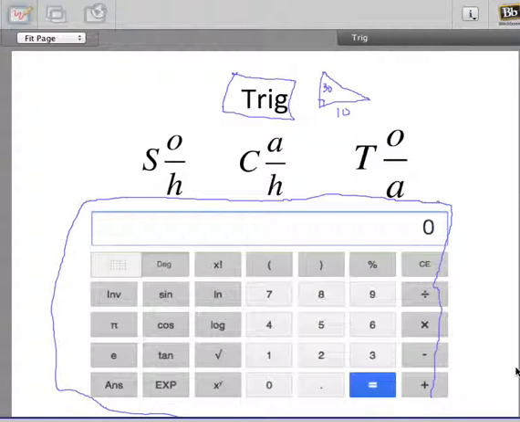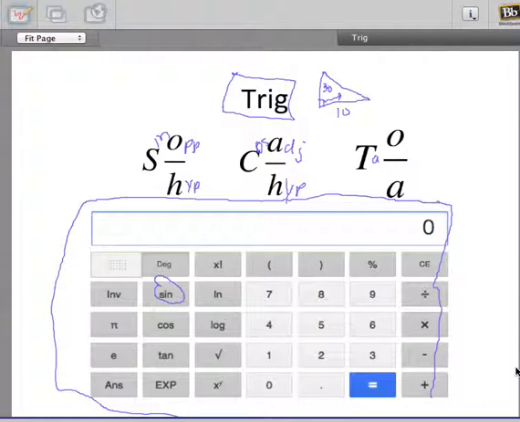SOH stands for sine, S-I-N. Notice that button is right here. Opposite over hypotenuse. Remember, hypotenuse is the side always across from the right angle. CAH: cosine, C-O-S, is adjacent over hypotenuse.